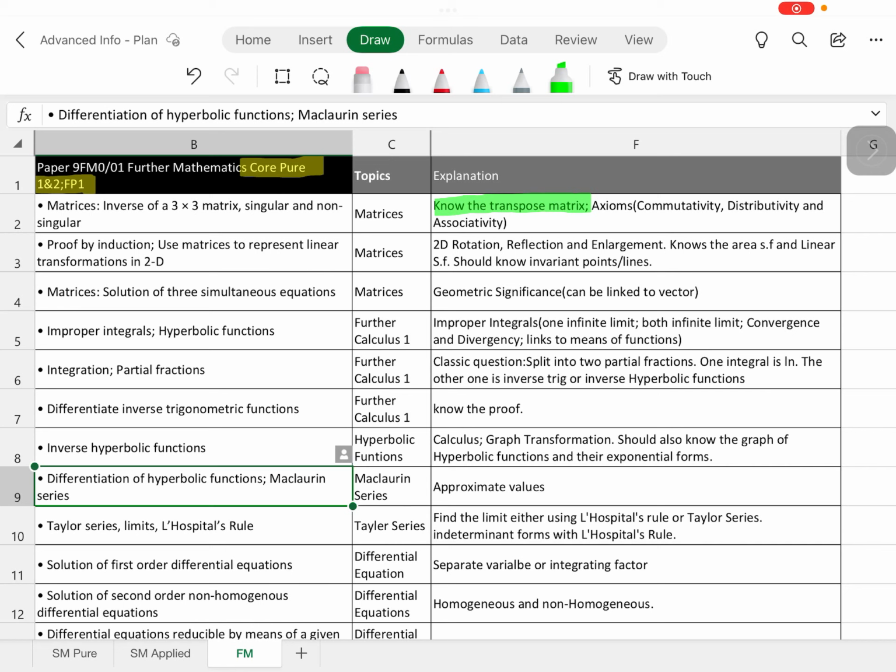Okay, the first one is matrix commutative.